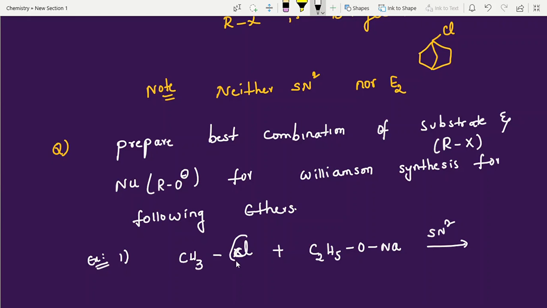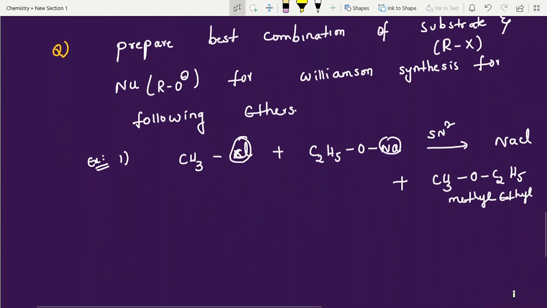Simple, students. Here chlorine, here Na, you can remove. That is our byproduct. What about the main product? Just connect. CH3, yes, O C2H5. This is your ether. What is this ether? Methyl ethyl ether. And the IUPAC name is methoxyethane.